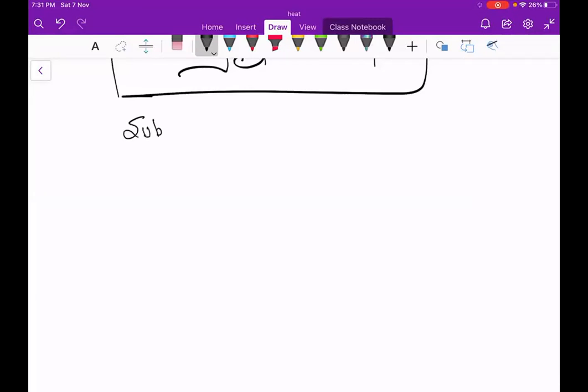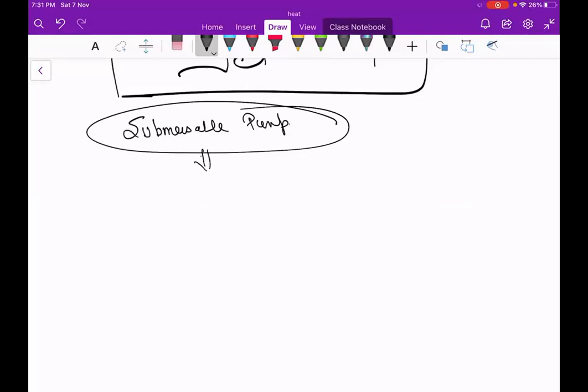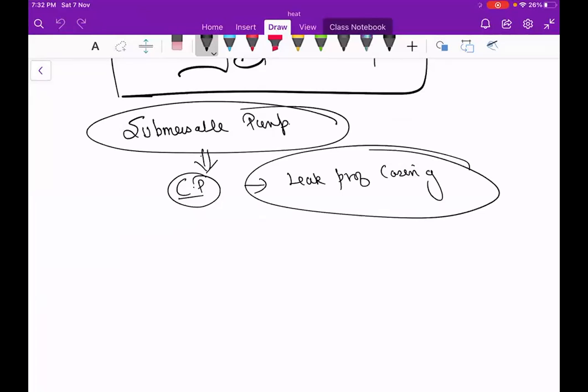Submersible pump. A submersible pump is nothing but one type of centrifugal pump, but with a leak-proof casing. The cost of the casing will be high, but it will have a greater efficiency due to two or three points that we are going to see.